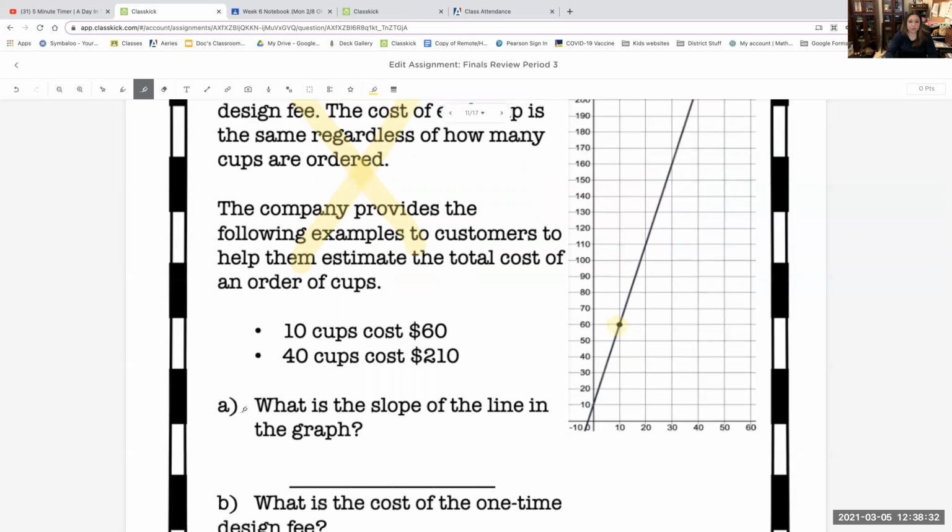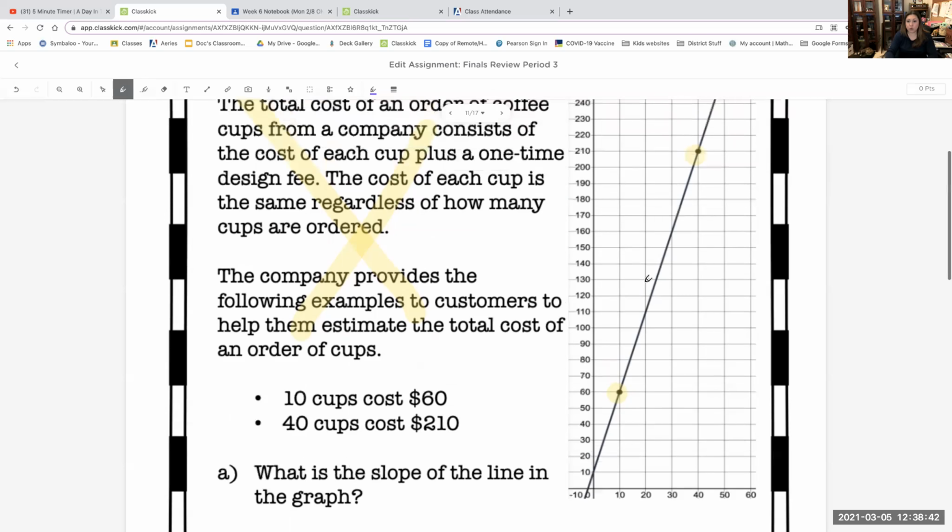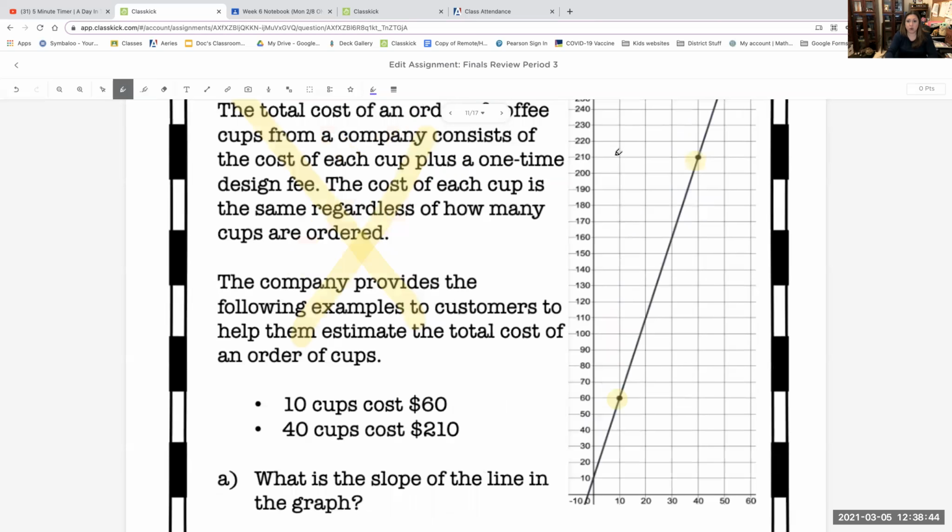So it wants us to figure out A, what is the slope of the line in the graph? Now you might want to count how many to go all the way up and how many to go over. However, that's a very long slope and it's not the easiest slope to find. What I could do though is find my slope from my y-axis and use that first point that we got. Or I would keep going, keep going, keep going.